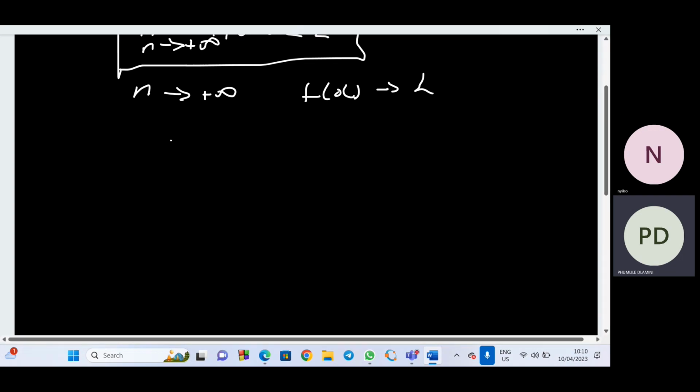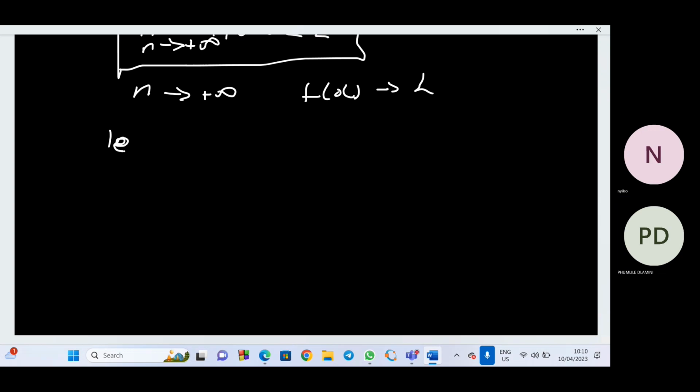But now, let's also have the left limit and the right limit.